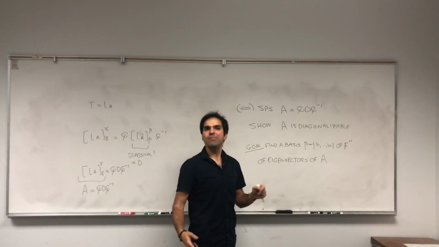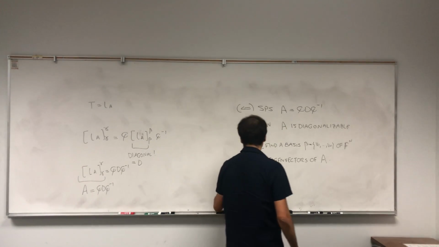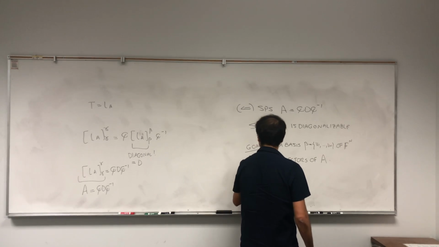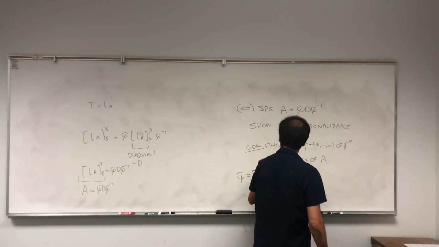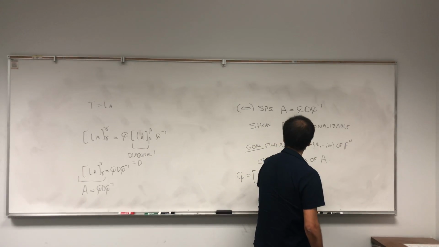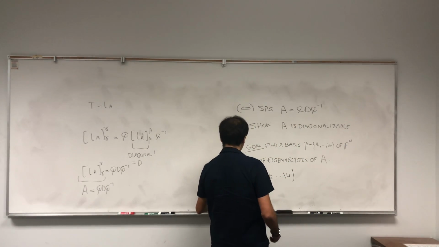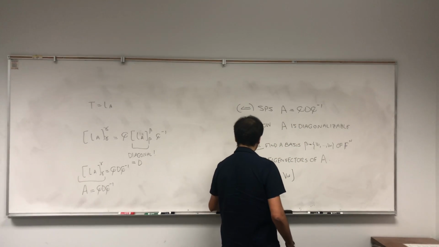Surprisingly, they're given by the columns of Q. So we know that Q has column vectors v1, v2 up to vn. Claim: this beta works.